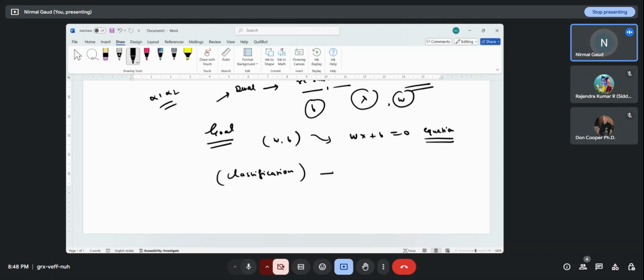However, I told that support vector machine can also perform regression. Now the question is, sir, how can it perform regression? Because the approach which you have told is we do have a hyperplane that can divide the data points into classes.